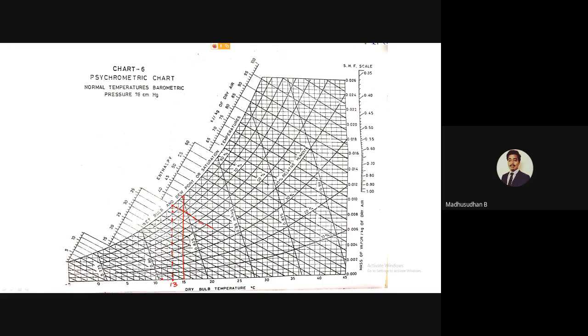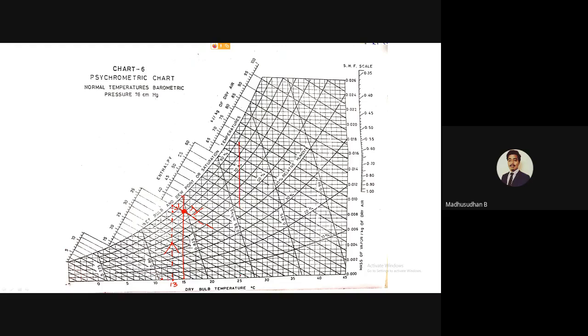Once you have traced it, the intersection of these two is marked as your state number 1. Clear, guys? You go like this, then like this, to spot the intersection. We shall go for the second stream. The second stream has 25 degrees Celsius DBT, so first draw a construction line.